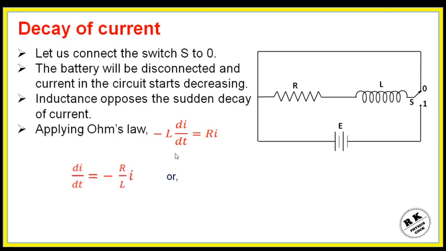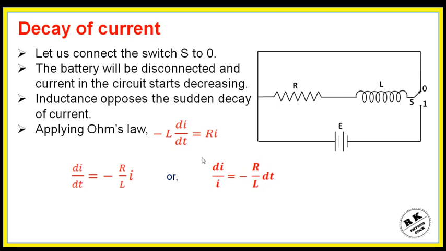If we rearrange the terms, it becomes dI by dt is equal to minus R by L times I. Our interest is to find the instantaneous current. For that, we separate the variables: dI by I is equal to minus R by L times dt.